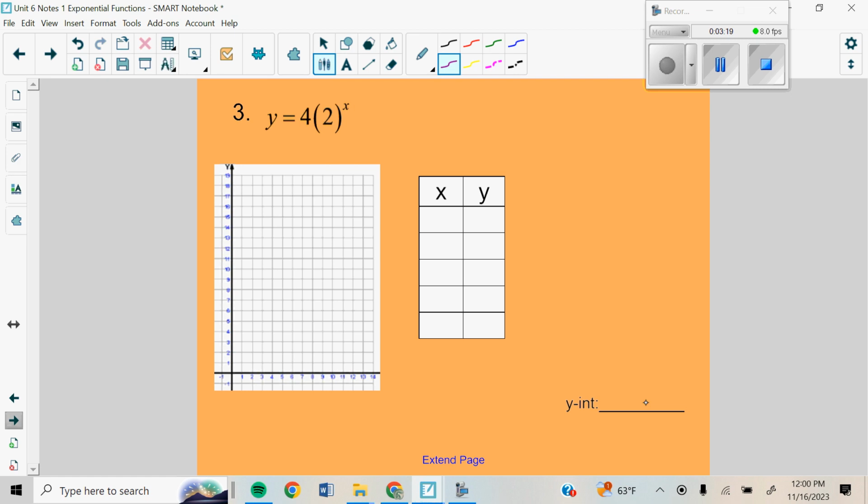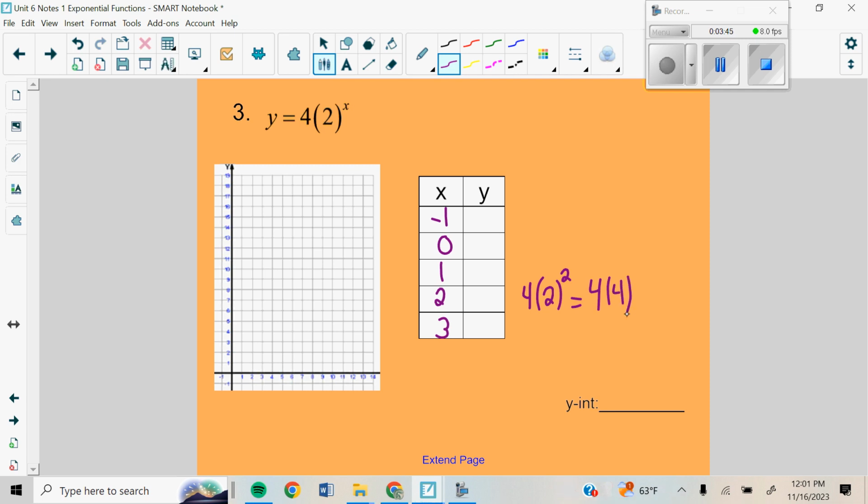It says 4 times 2 to the x. Now, we are not going to multiply the 4 and the 2 to give us 8 because the 2 has the exponent, the 4 does not have the exponent. Okay? So, when you look at this, and you can do -1, 0, 1, 2, 3, I'm just going to pick 2. So we have 4 times 2 squared. That turns into 4 times 4.